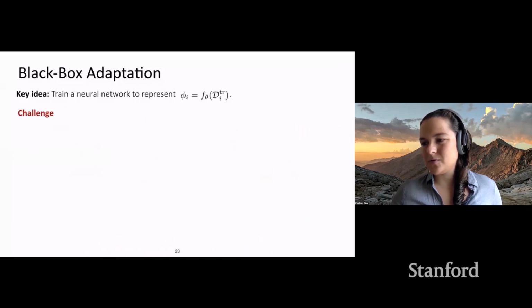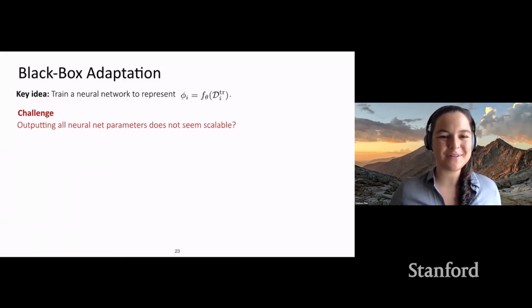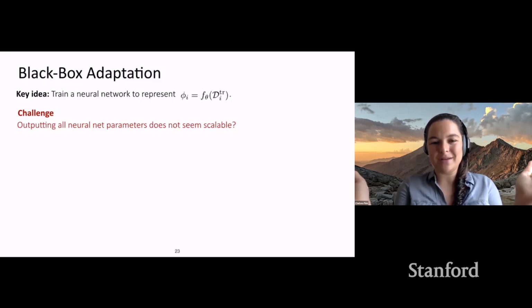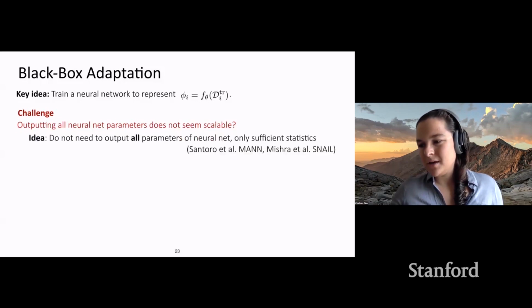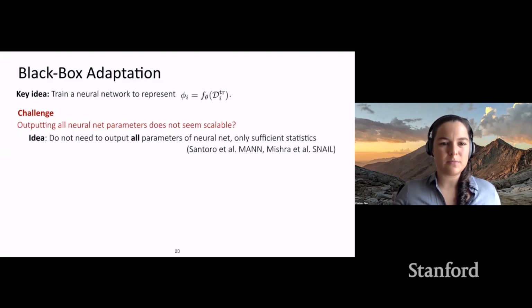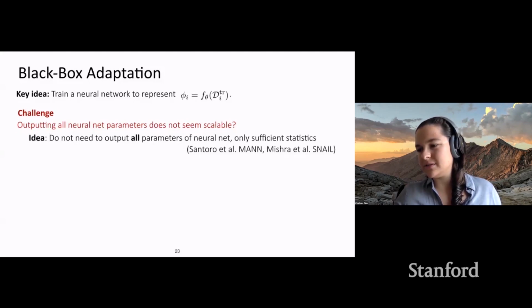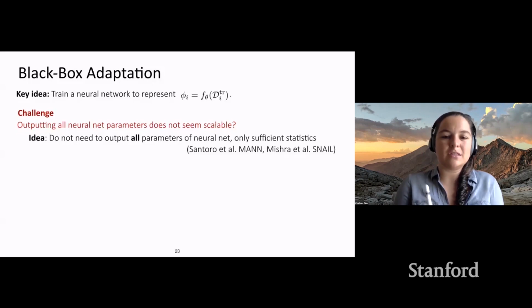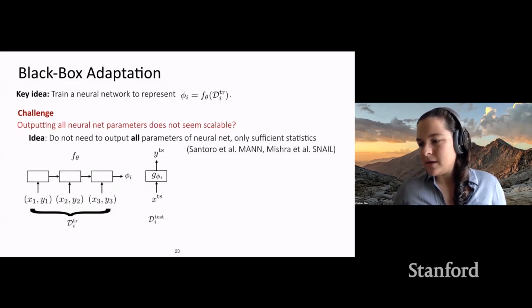Cool. So one challenge that comes up with this approach is that outputting a lot of neural network parameters doesn't necessarily seem very scalable, because you have to have a neural network output all of those parameters. And so one idea for approaching this, and this has actually been one of the more common ways to approach black box adaptation approaches, is to not output all the parameters, but only output some of the sufficient statistics that you need.